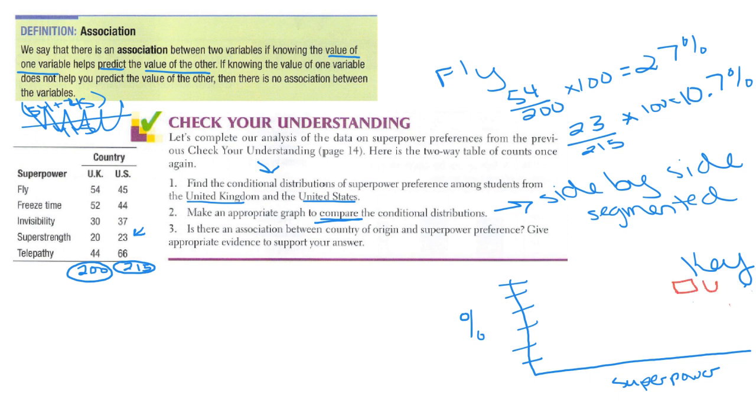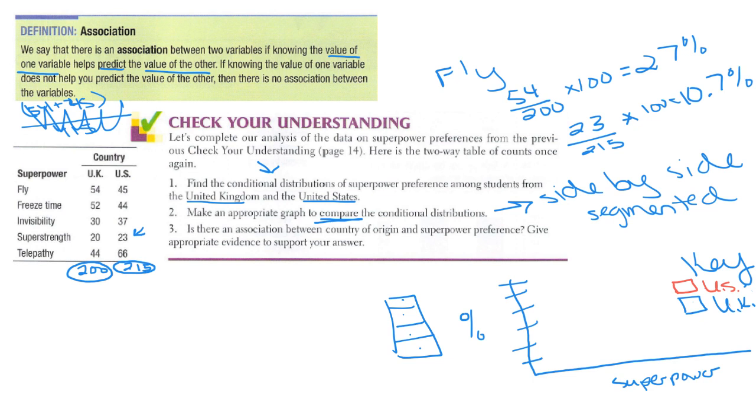So for instance, side by side, I could say that the bars that were US were red and UK were blue. If I was doing segmented, remember, my bar is divided into a number of areas, and each one of these areas would need to be represented in the key as to what category it was, whether it was flying, freezing time, invisibility, super strength, telepathy.